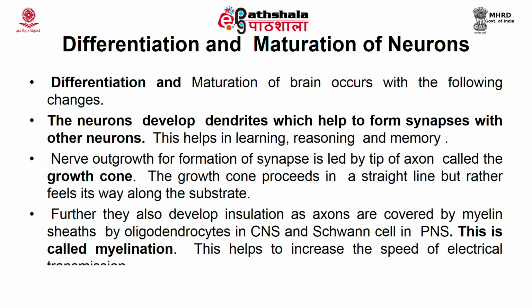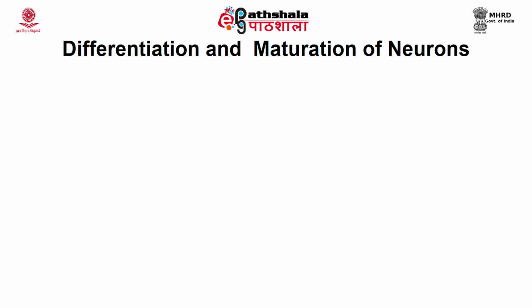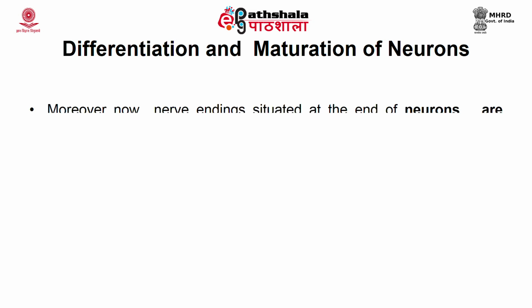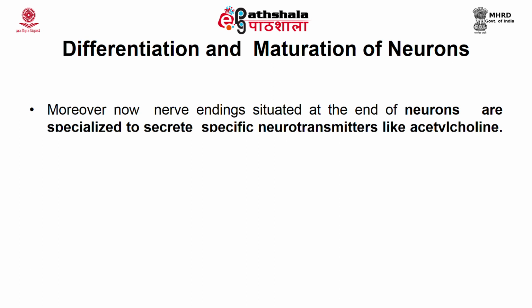Now, myelination helps in increasing the speed of electrical transmission. Besides this, the neurons are now specialized to secrete specific neurotransmitters like acetylcholine, GABA, etc.